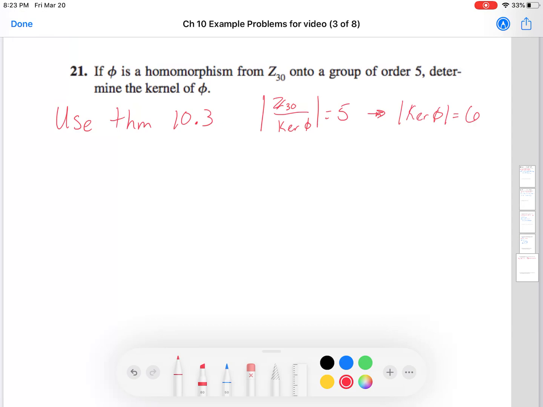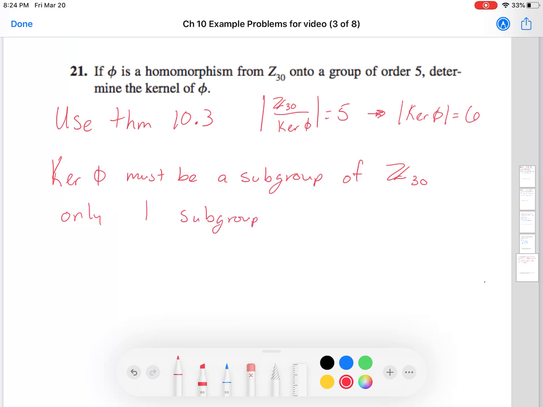Now, the kernel of phi has to be a subgroup of our group, right? Well, there's only one subgroup of Z30 that has order 6. So the kernel of phi must be a subgroup of Z30, and only one subgroup of Z30 is order 6.